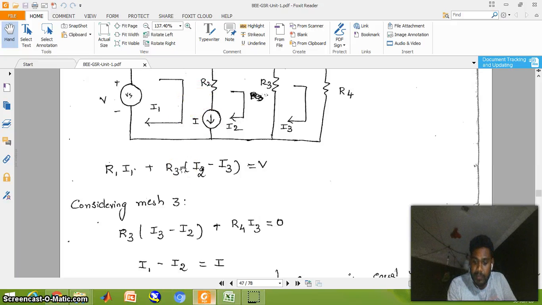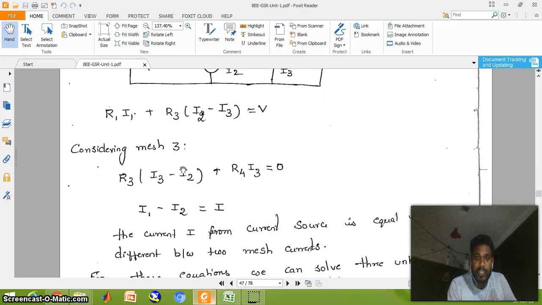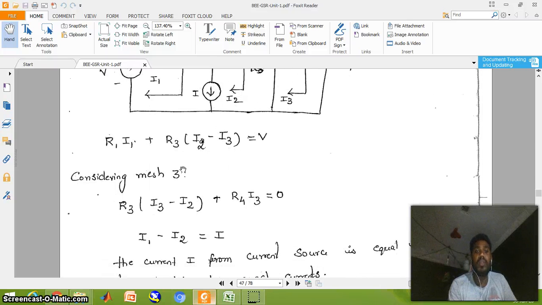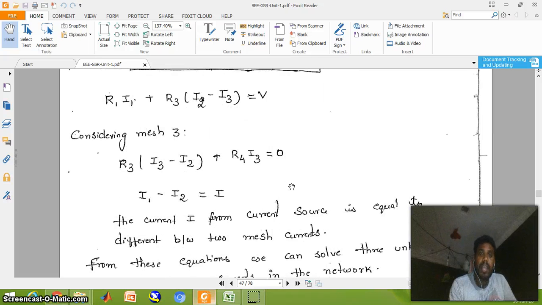So that's the reason the current source I is equal to I1 minus I2. So total three equations are there, three unknowns are there. So by solving these three equations using any mathematical approach, calculate the unknown quantities I1, I2 and I3. This is super mesh analysis.